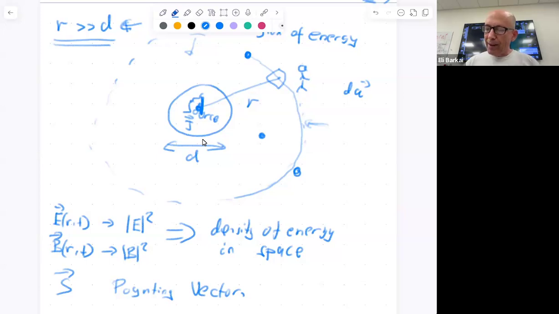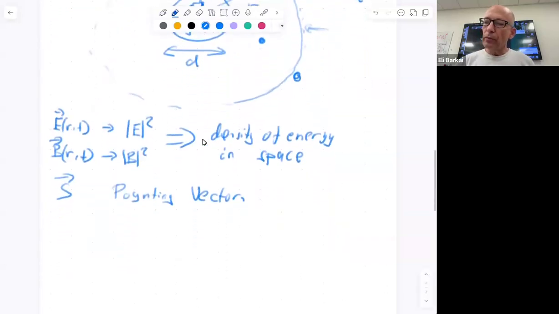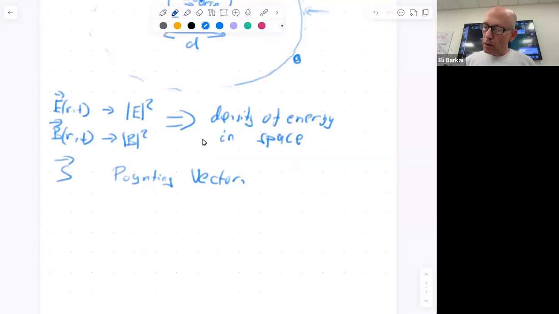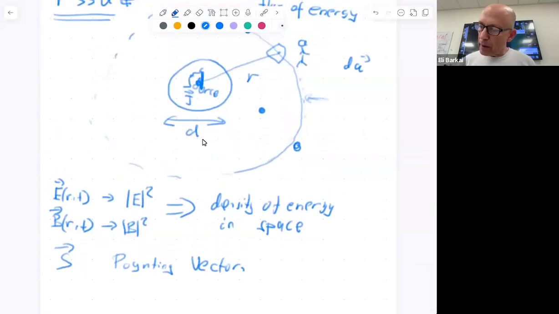But anyway, the radiation energy that is spread out here is not uniform on this sphere. So what is it? This energy, I claim, is the average S dA. What is S? S again is the Poynting vector. The average is because, as we'll see later, this S is actually oscillating over time very quickly with a frequency omega.